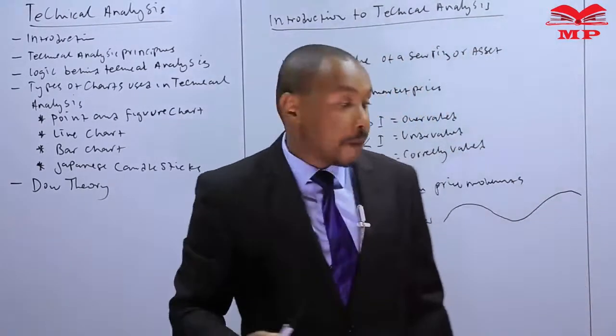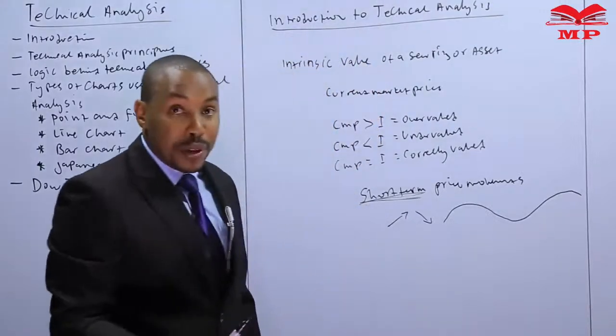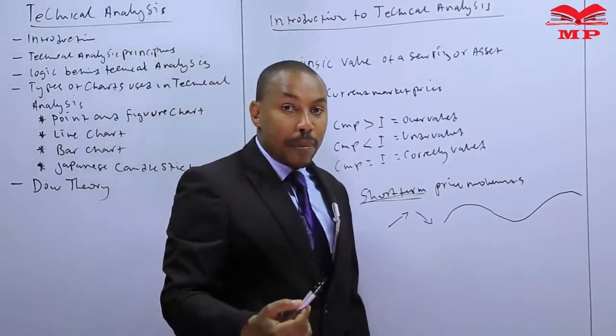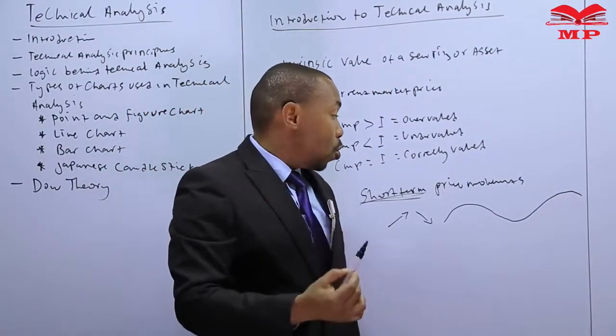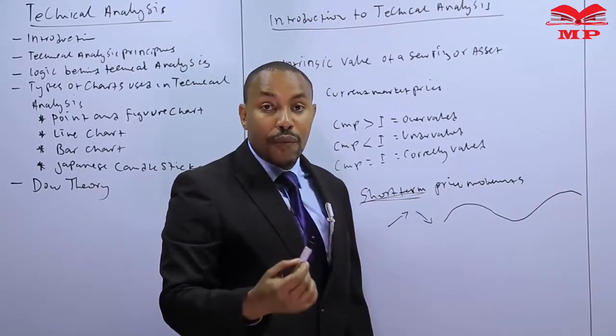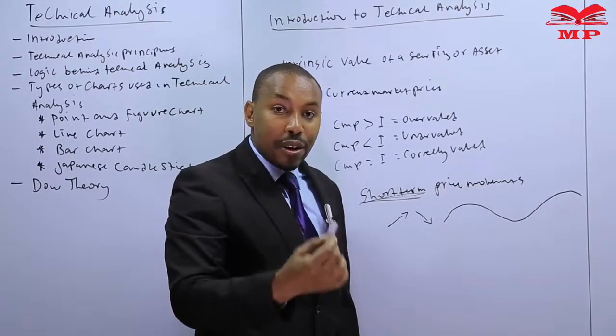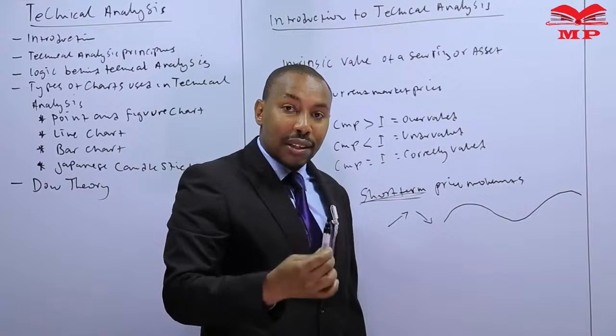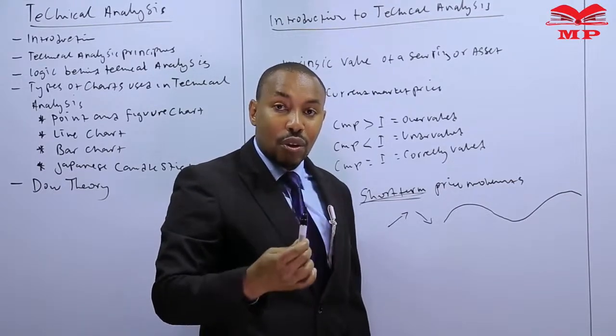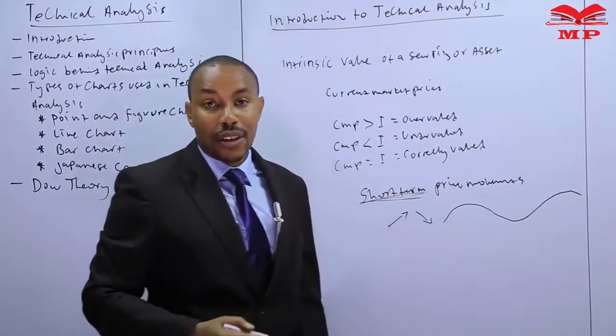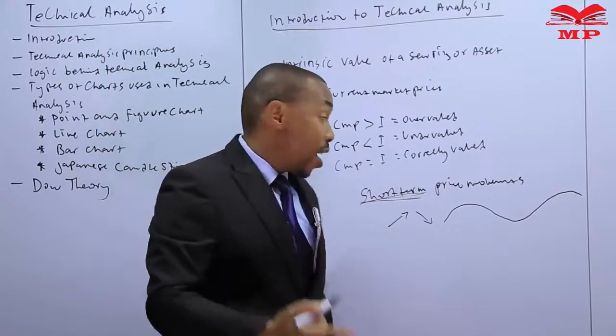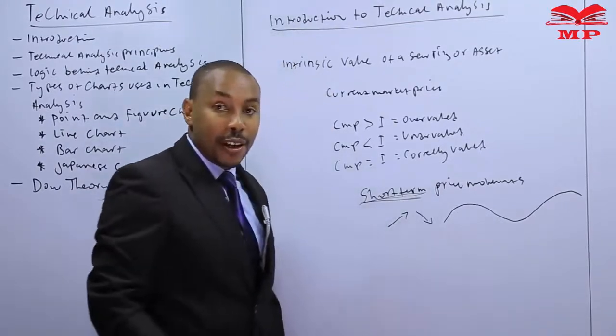Probably you might have experienced this when going into an investment bank or a stock brokerage firm. You would want to purchase securities for the short term. Fundamental analysis cannot assist the analyst in making a decision to identify the securities to purchase. That is where technical analysis comes in.